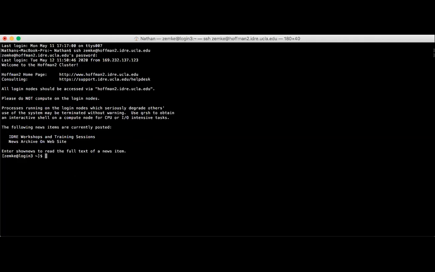So I logged into Hoffman. I'm on my home directory. I'm going to create a flash scratch shortcut. It's going to be named flash scratch. It's going to tell me that this file already exists because I already have one, but if you don't already have one, it won't say that. And then we are going to request an interactive session.